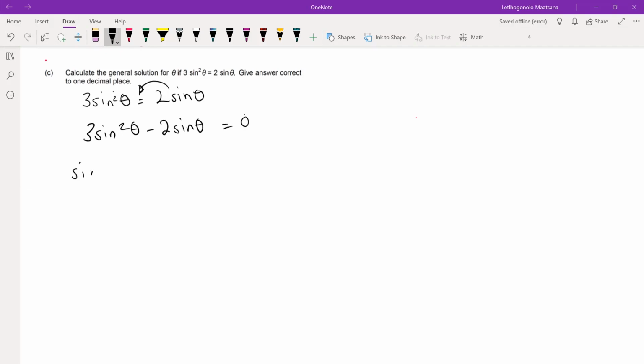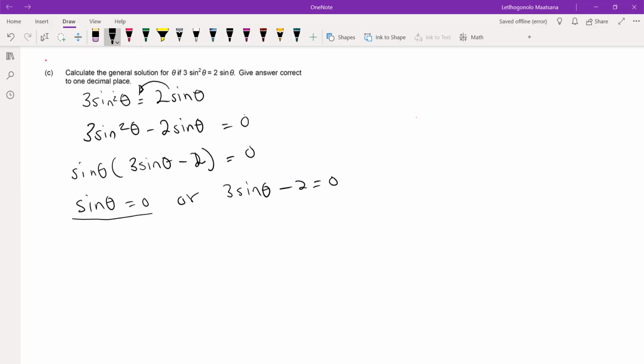We'll take out sine theta as a common factor. We'll be left with sine theta times (3 sine theta minus 2) is equal to 0. This means that sine theta is equal to 0, or 3 sine theta minus 2 is equal to 0.